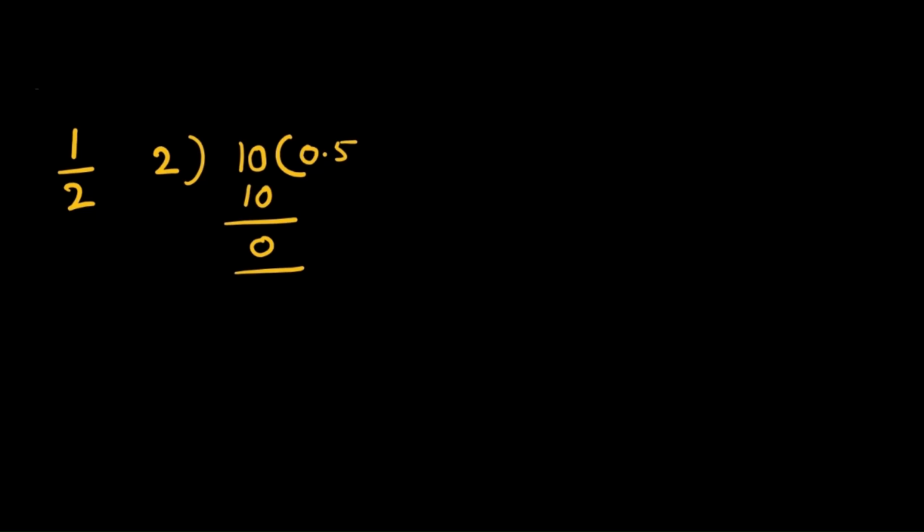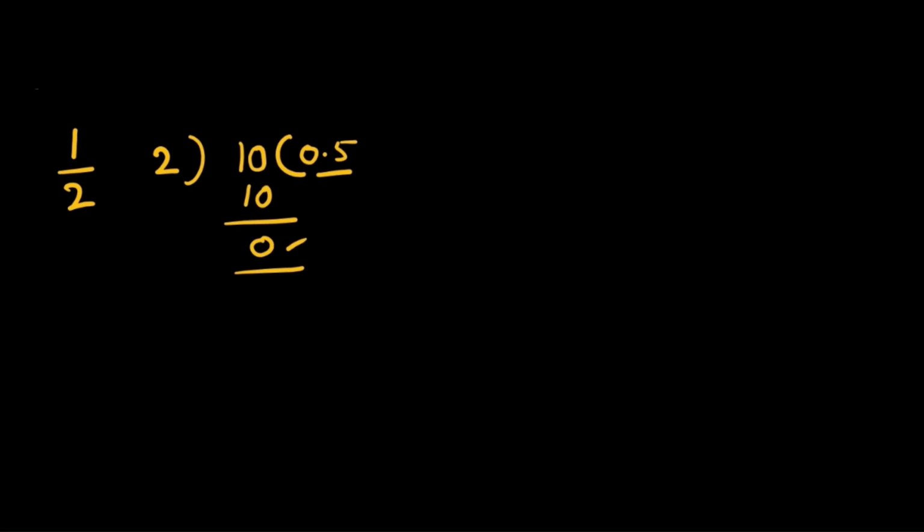In simple words, the division ended as the remainder has become 0. So we have 0.5 as the quotient, 0 as the remainder. So here the division has ended as the remainder has become 0. And this is the meaning of decimal expansion being terminated. In simple words, the division ends as the remainder has become 0.